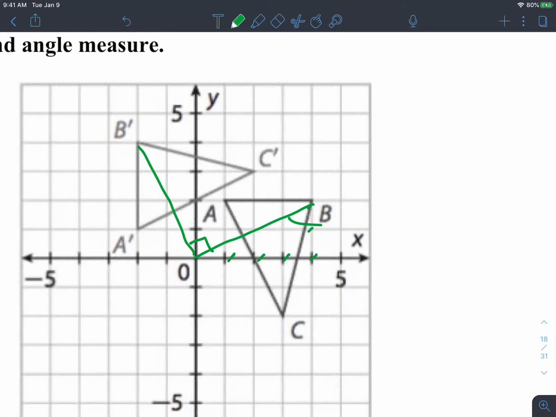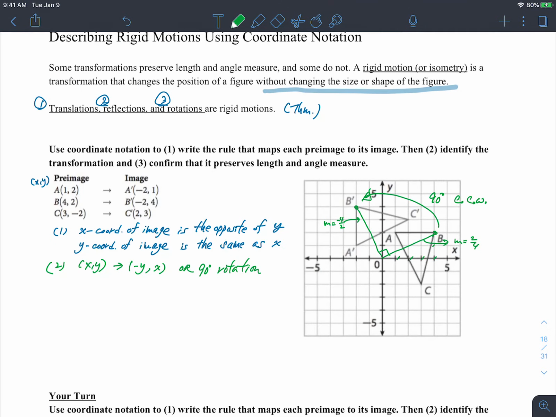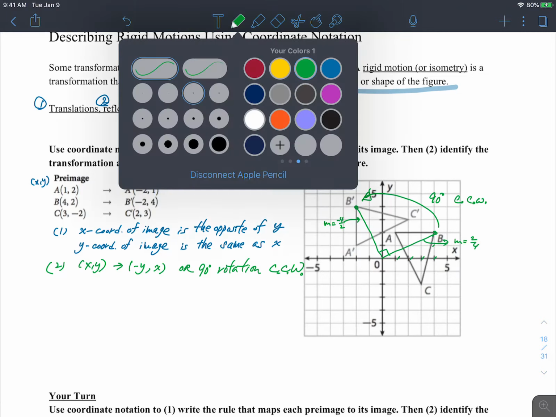The slope over here is 2 over 4. And the slope over here is negative 4 over 2. And they're negative reciprocals of each other, which means they are perpendicular. Hence, they're 90 degrees. So to go from here to here, we rotate 90 degrees counterclockwise, right? So we could say that this is 90 degrees CCW, meaning counterclockwise.